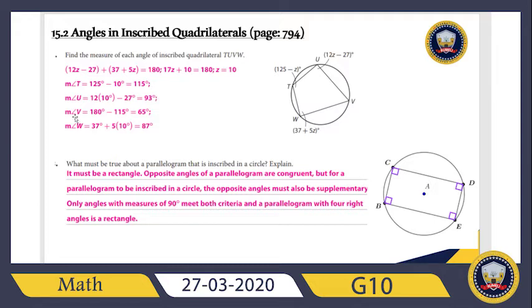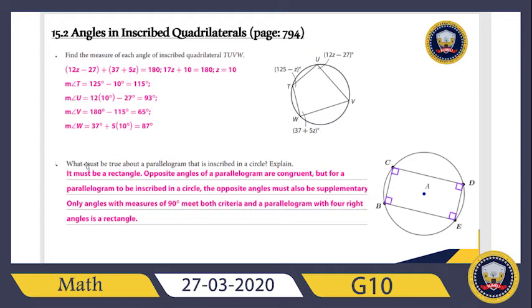Finally, we have V is 180 degrees minus 115, which is 65 degrees. Why? Because V plus T is 180. They are supplementary. Now W is 37 plus 5 times Z, which is 10, so it is 87 degrees.